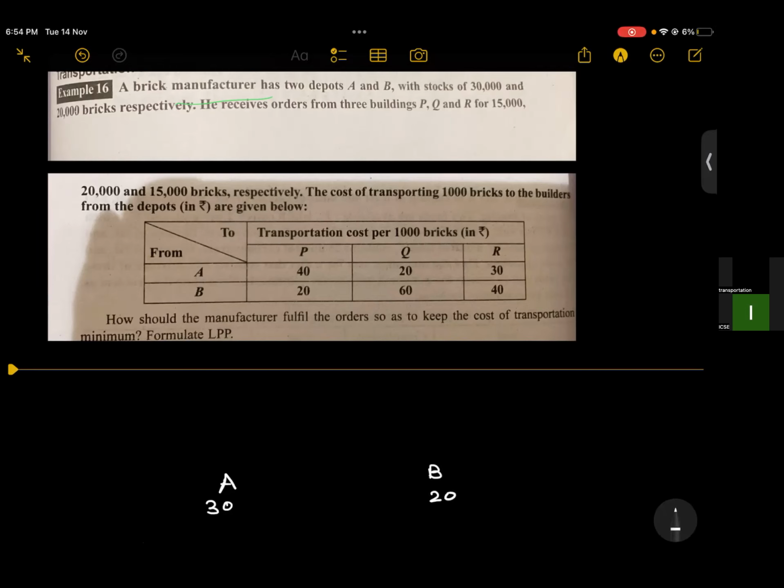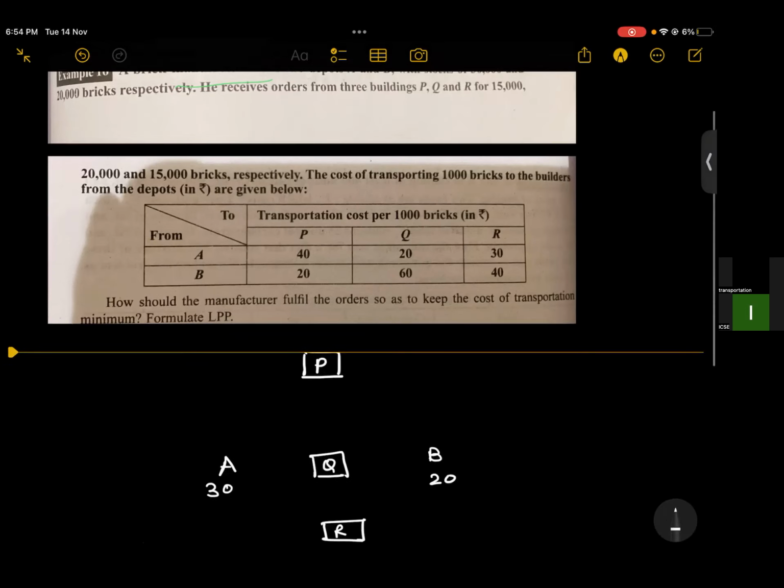So the calculations further get easier. Now we have three buildings, building P, building Q, and building R. Building P requires 15,000, so we're going to go with 15. Q requires 20 and R requires 15.